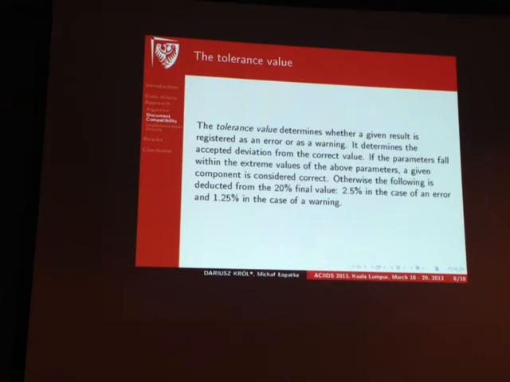Tolerance value determines whether a given result is registered as an error or as a warning. An error disqualifies the paper from being prepared for publication, from being the final camera-ready file, and a warning is only information that there are some differences, but we can go over this.